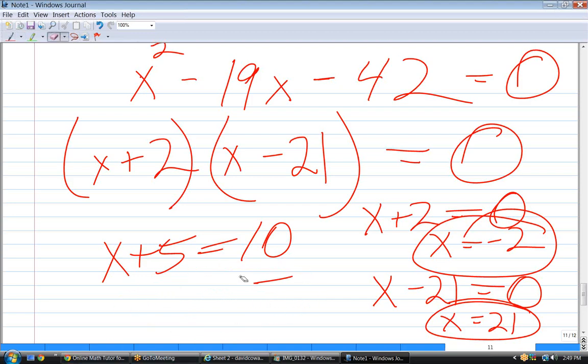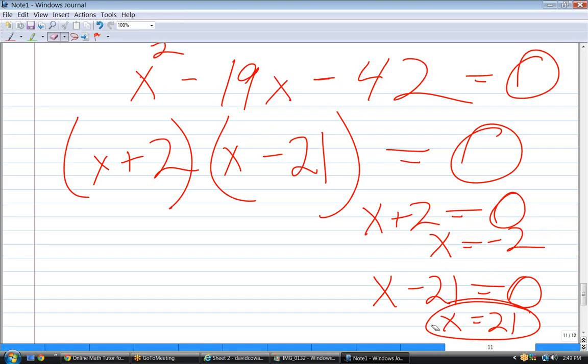Okay? This is a quadratic function that I have here. We would expect to have two solutions, and we do. If you only come up with one solution, you probably have made a mistake. Not always. There are certain quadratics that would only have one solution, but most of the time you've made a mistake if you do not come up with two solutions.